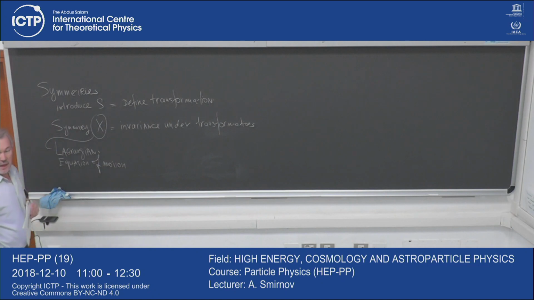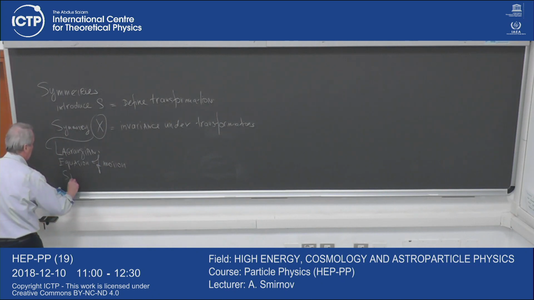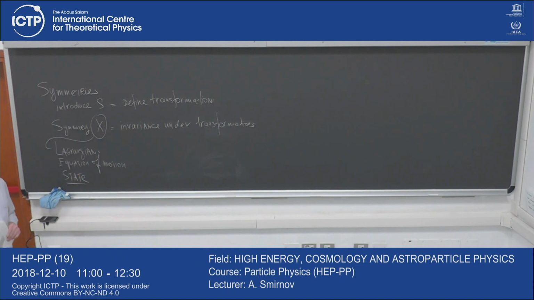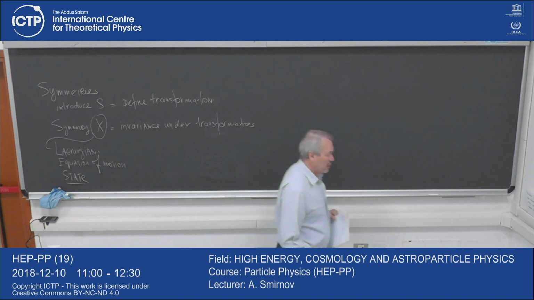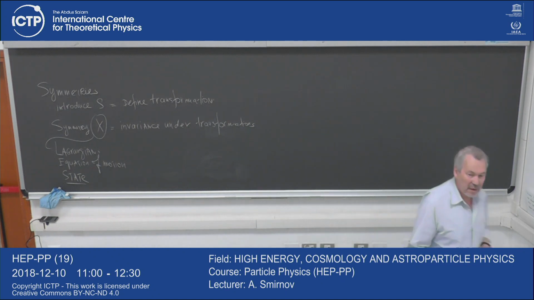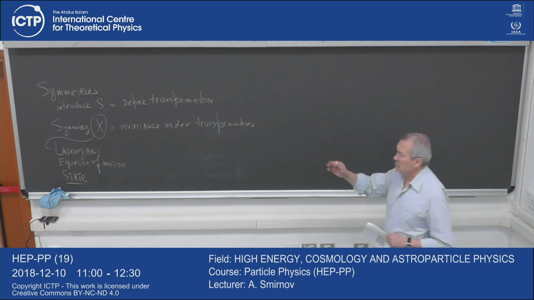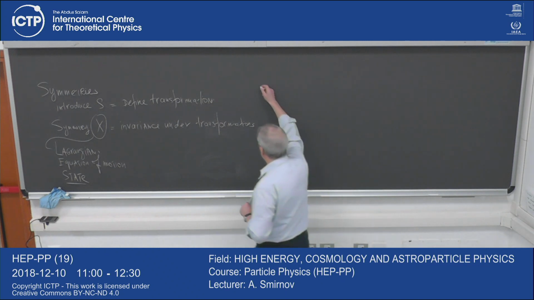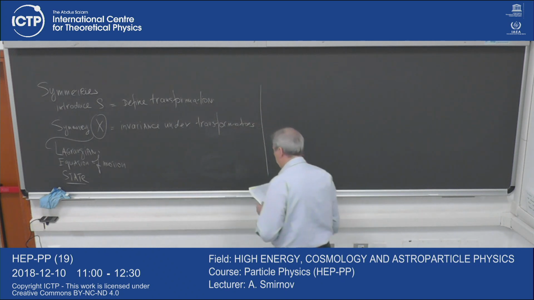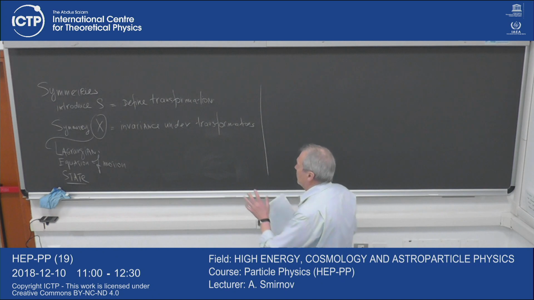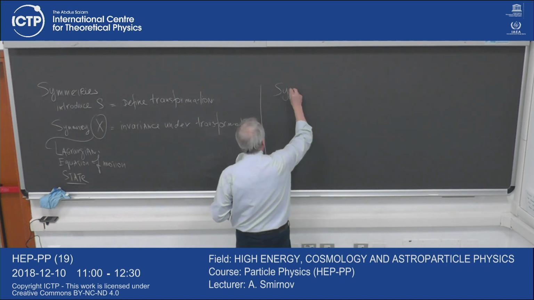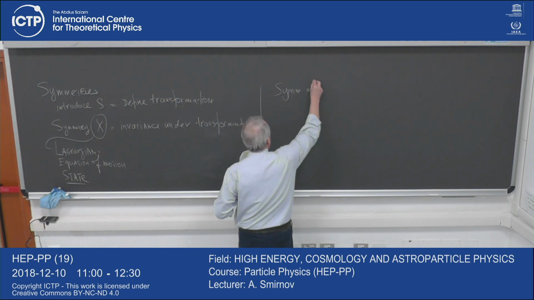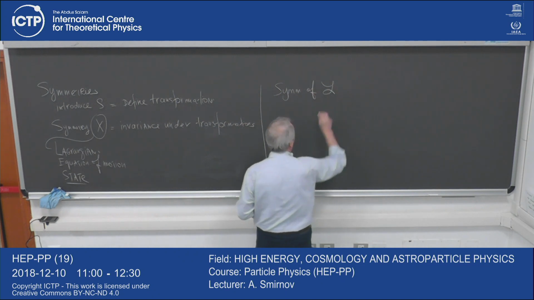Or it can be just state of our system. So we can talk about symmetry of the state, symmetry of the equation of motion, and symmetry of Lagrangian. And these are not necessarily the same, they are not coinciding in some cases. So mostly we will focus on the symmetry of Lagrangian. Or Hamiltonian.